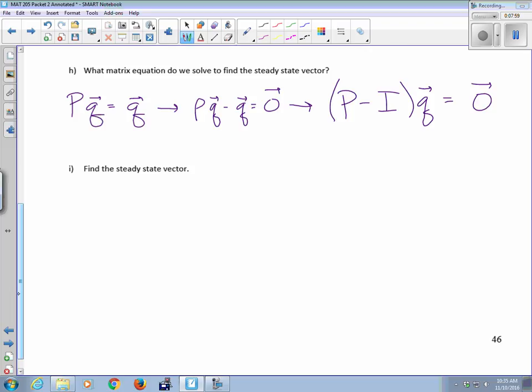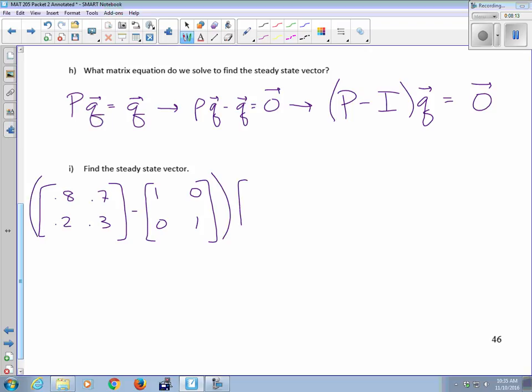Okay, so P was 0.8, 0.2, 0.7, 0.3, minus the identity matrix, which is 1, 0, 0, 1, times Q, which is Q1, Q2, right? Percent at the airport, percent at the Main Street location, equals the 0 vector, 0, 0.